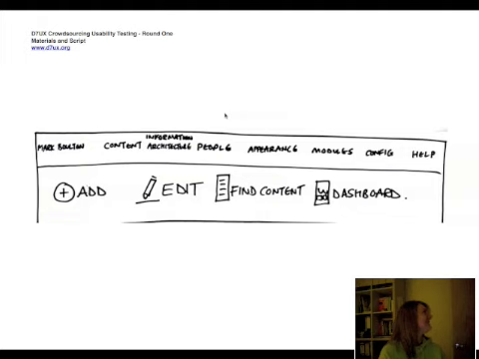Simplifying, yeah. If it was simplified, because information architecture is two big words. Good answer.